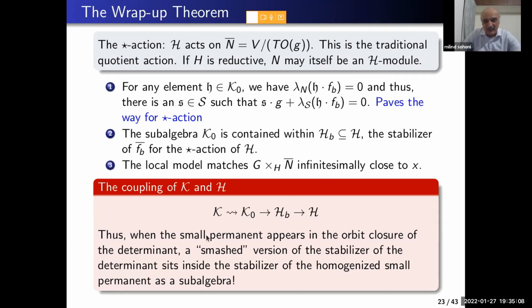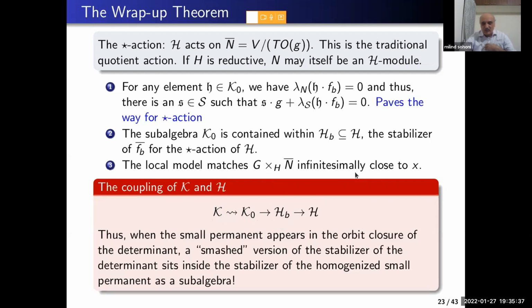So when we apply this to the determinant versus permanent, we see if this is the stabilizer of the determinant, this is the stabilizer of the small permanent, and if the small permanent actually appears as a limit, as a leading term, then a smashed version of K of the same dimension actually sits inside H, right, and is the stabilizer of a particular element in FB bar in this GXHN module.